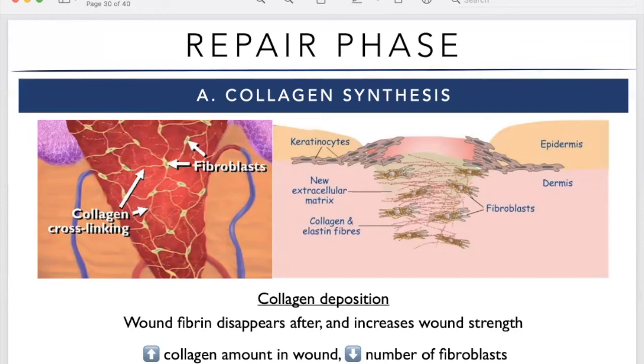So the wound fibrin, yung original framework, original platform, kumbaga yung beams na nag-hold sa bahay, usually appear. Then napapalitan na siya ng collagen, which is usually like yung mga hollow blocks. All right? So increased collagen amount in the wound would also be observed with the decreased number of fibroblasts. Okay? Basically, hindi na siya kailangan, nawawala na siya doon.